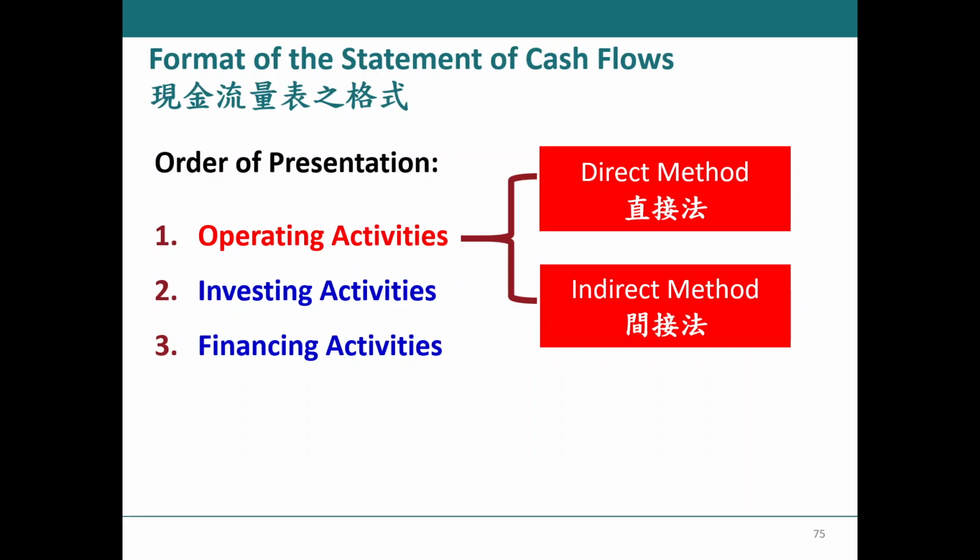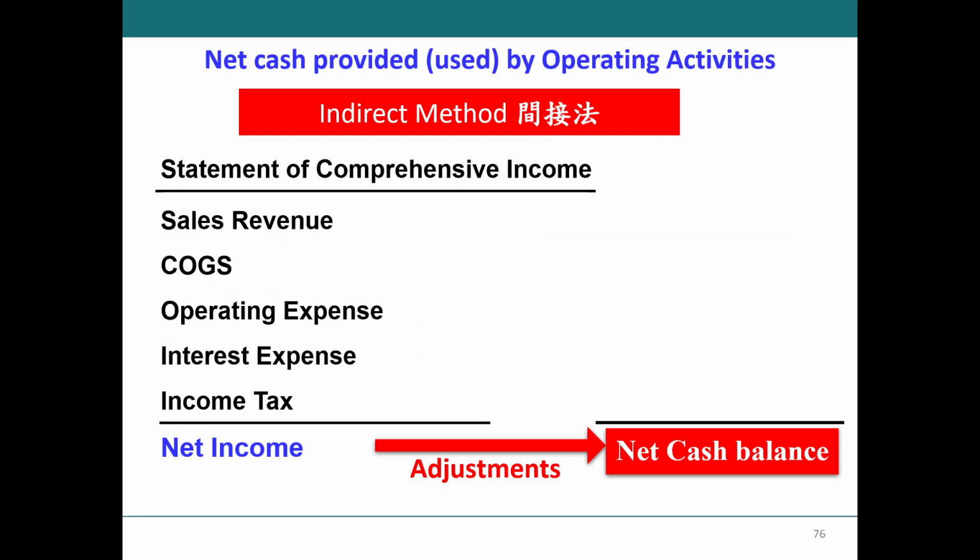Remember, no matter direct method or indirect method, which financial statement should you look at first? Income statement, right? So when we look at the income statement, what does the indirect method mean? We skip all the process, each item. We base on the final result and use the formula we got already, and we still get the same result.